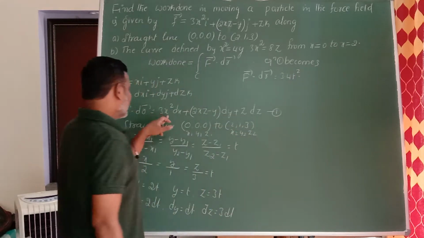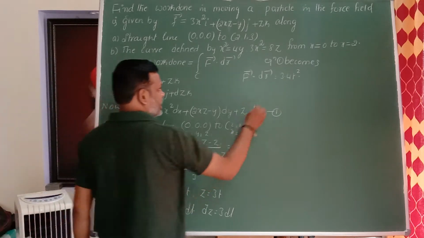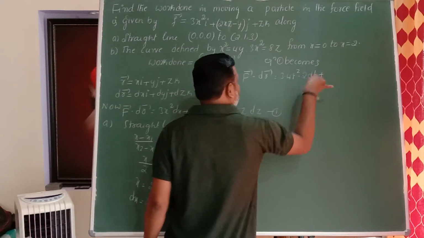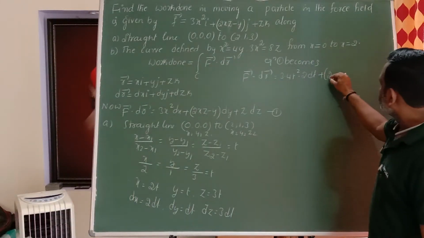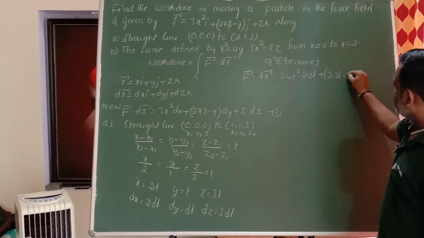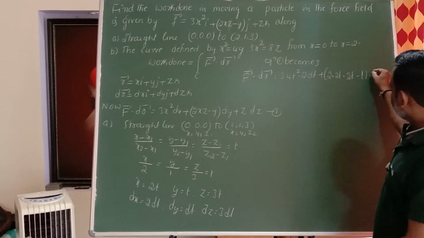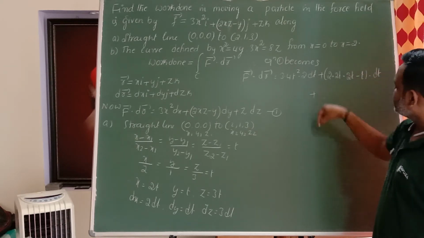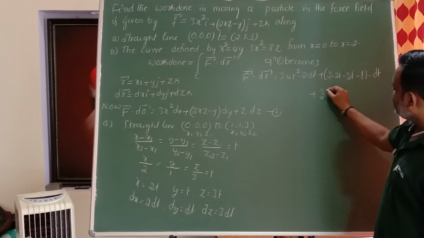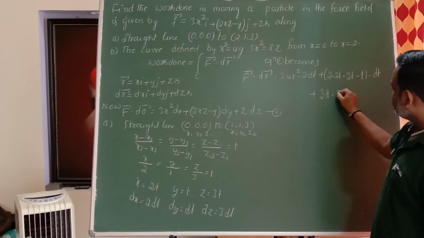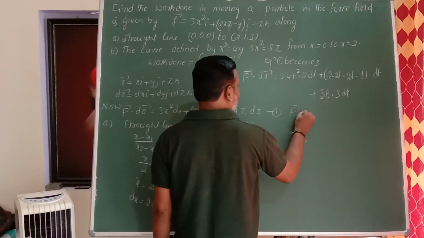Am I right? x square is 2t whole square, into dx, which is 2 dt, plus we come to 2xz: 2 into x, which is 2t, into z, which is 3t, minus y, where y is t, into dy, which is just dt, plus z into dz, where z is 3t into dz, which is 3 dt. Just after simplification of all these things, what will you get for F dot dr?